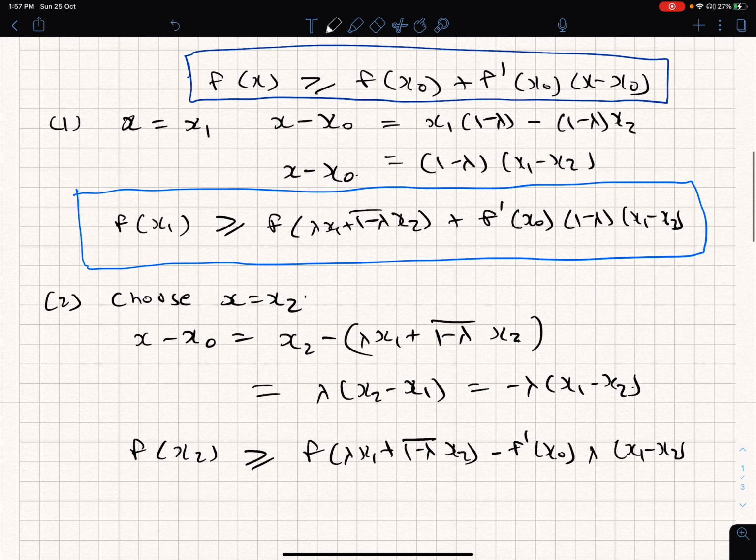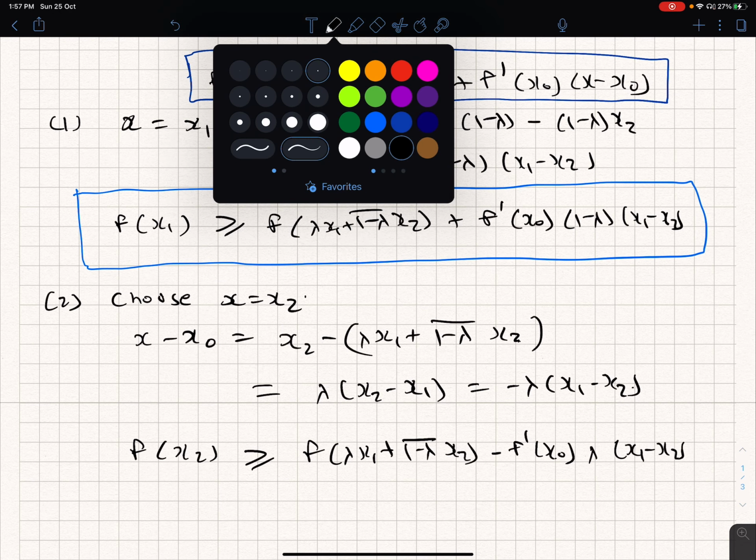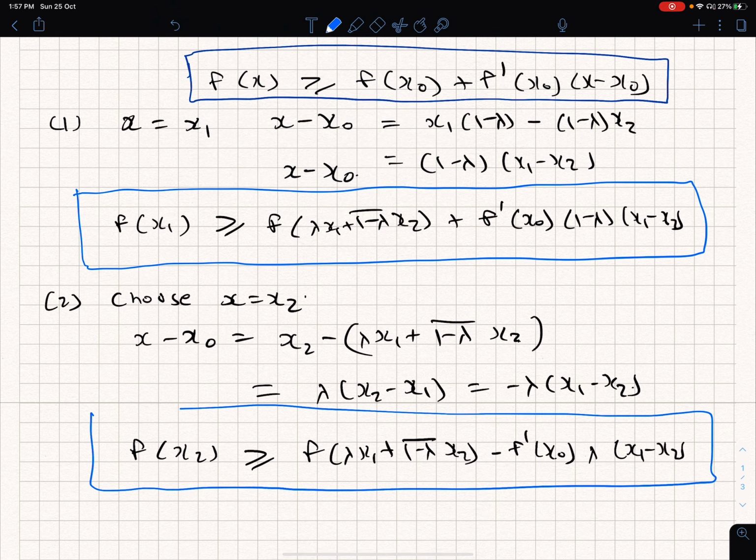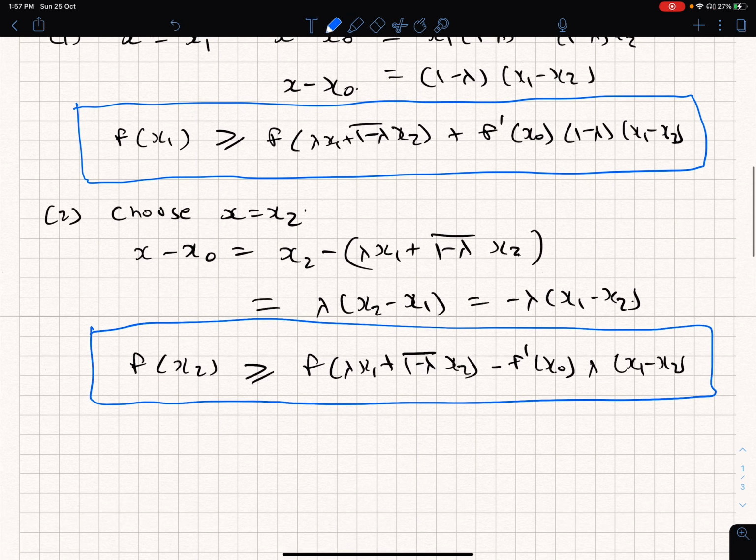Okay, let's circle this also. So now these are the two inequalities.